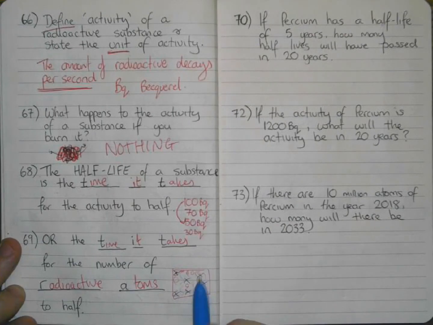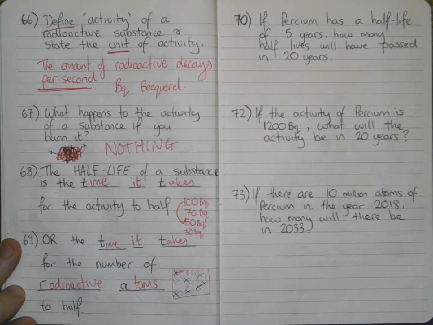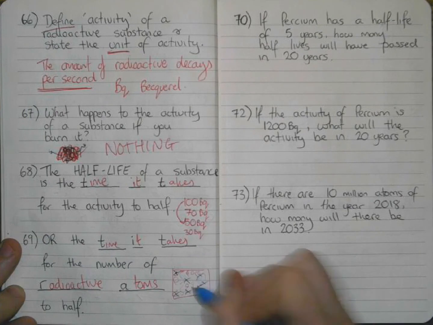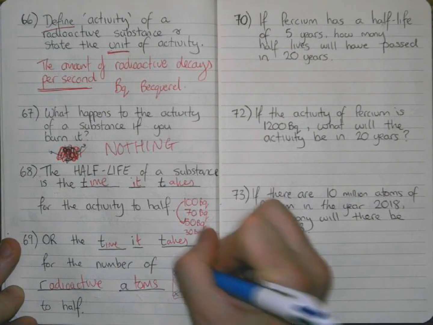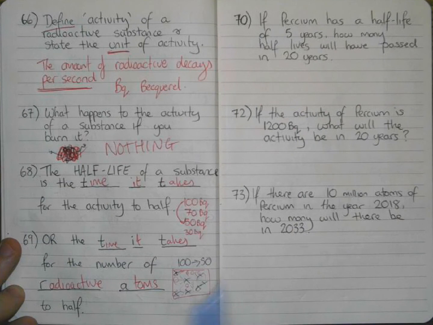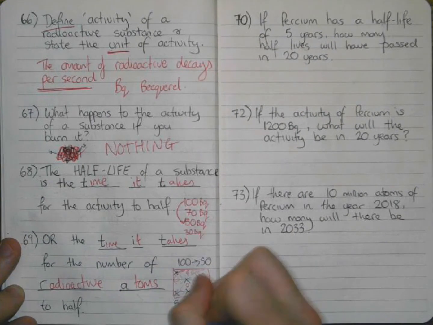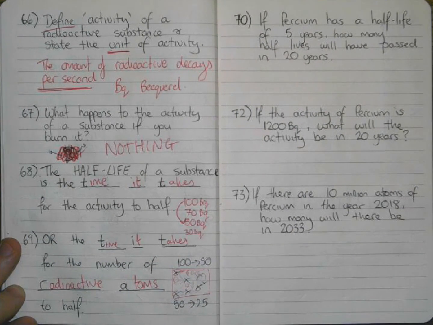You'd then be left with half the amount. The half-life would still be the same, and it would be the time it takes for half of the remaining atoms to decay. So if you had 100, it would be the time it takes for 50 to decay, so it goes from 100 to 50. It would then take the same amount of time to go from 50 radioactive atoms down to 25.